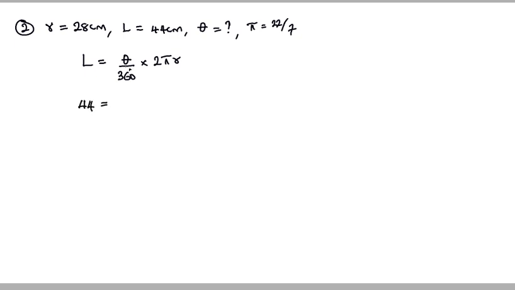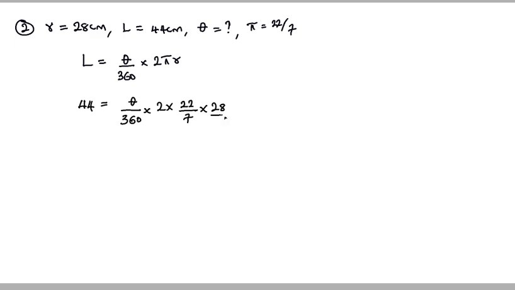44 equals theta, which is not given to us. We don't know theta, over 360 there, times 2 times pi, which is 22 over 7, times your r. What is the radius? We are told that it is 28.